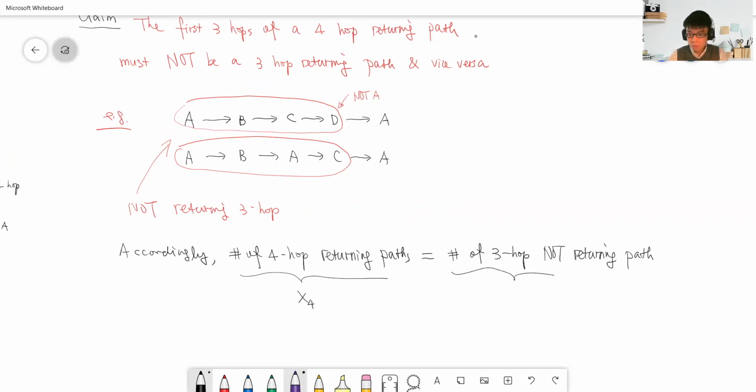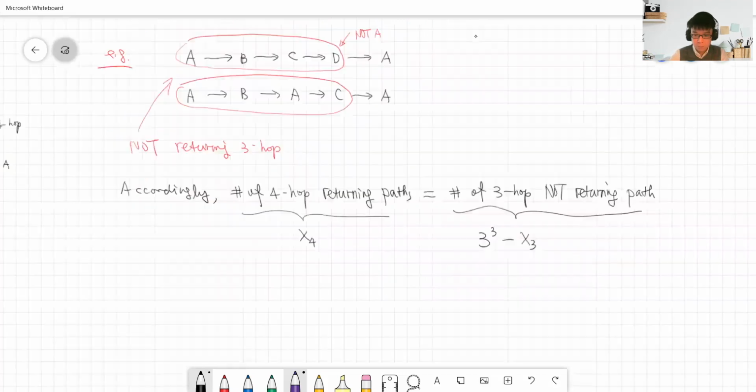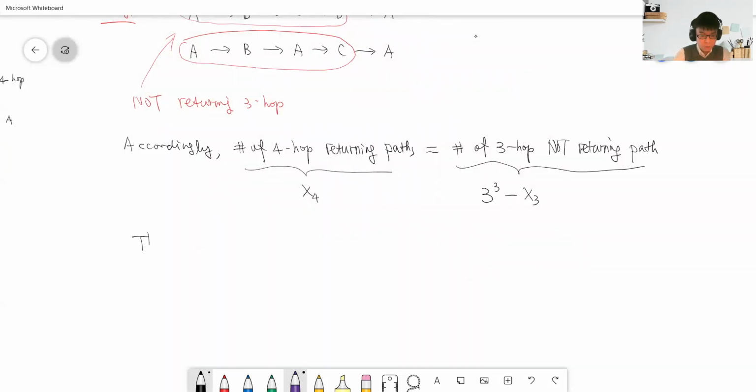So this part is the total number of 3-hop passes, which is 3 cubed, minus 3-hop returning passes, which is x3. This leads to an equation, which is called a recurrence relation. x4 equals 3 cubed minus x3.